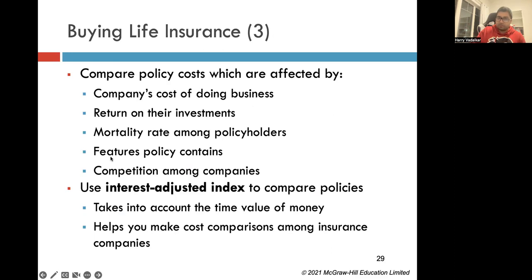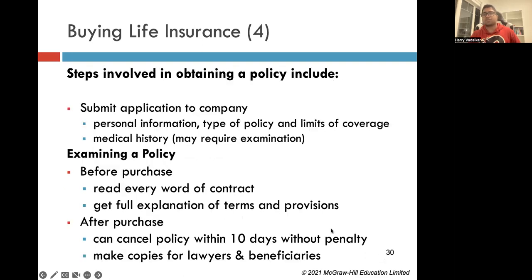Mortality rates, features that the policy contains, competition among companies, all of this will change the cost of insurance. So it's very important to shop around. Use the interest adjusted index to compare policies. It takes into account the time value of money and helps you make cost comparisons amongst insurance policies.